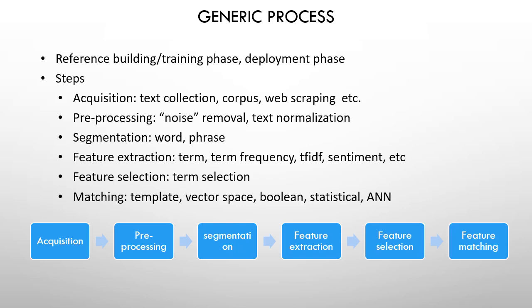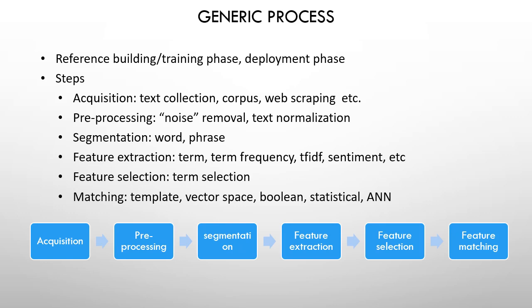Okay, so the steps: we start with acquisition, where we collect the text that we would like to process, or there could be a corpus of data that we would like to process. In some other cases, we have to do web scraping to obtain documents from the web or from social media such as Facebook, Twitter, and so on.